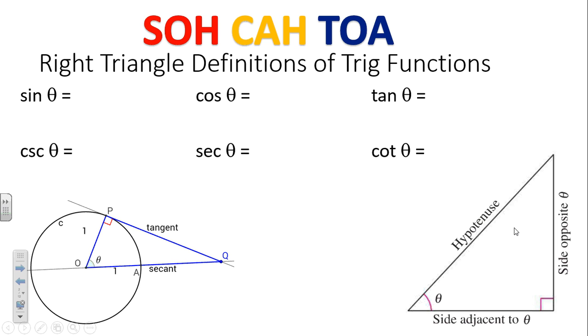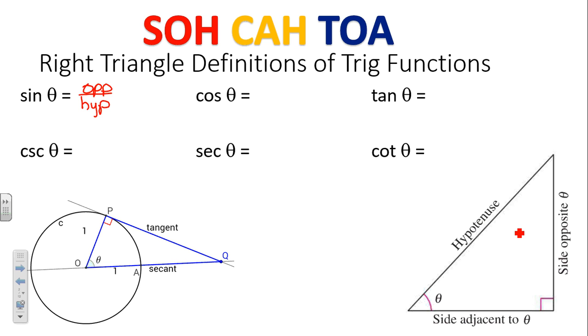It's a mnemonic that helps us remember the proportions, or the fractions, the ratios of the sine, cosine, and tangent. So when we see SOHCAHTOA, we know that the sine of an angle is equal to opposite over hypotenuse. And we like to abbreviate opposite with OPP, hypotenuse with HYP, so we don't have to write all of it out.